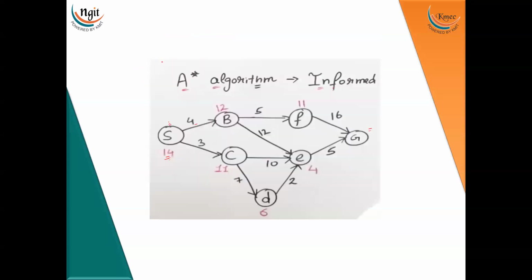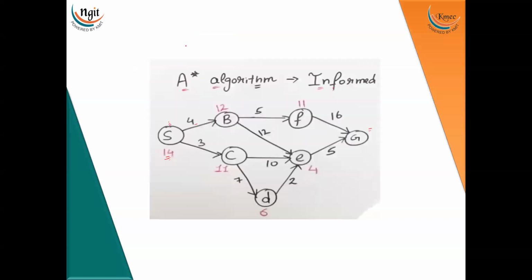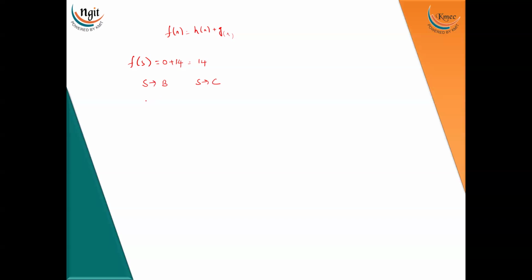Now, when we expand the node S, it goes to B and it also goes to C. For S to B, the heuristic value is 12 and the path cost is 4, so it is 4 plus 12, 16.